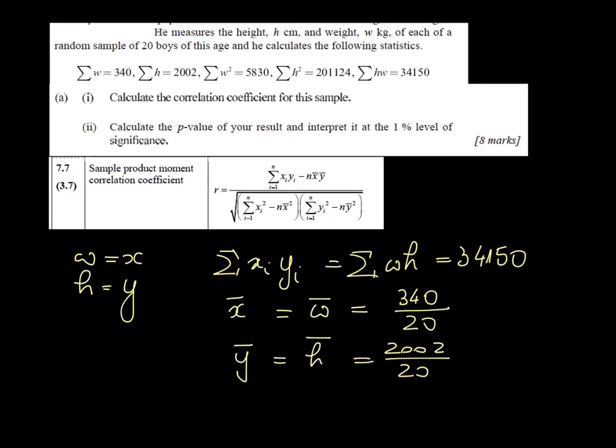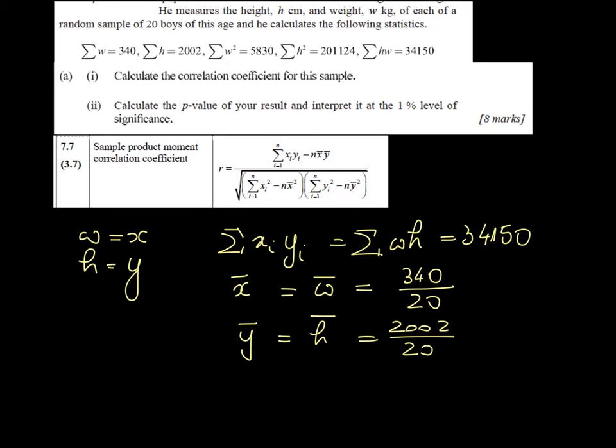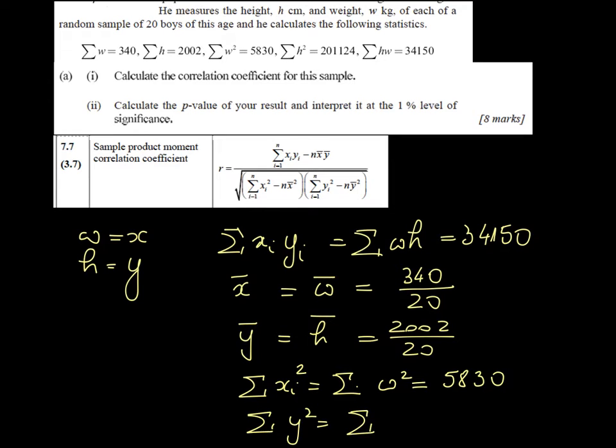What I need in the formula is the sum of the squares of the values, which in my case is the sum of w squared, which is 5830, and the sum of the squares of y, which is the sum of h squared, which in my case is 201124.